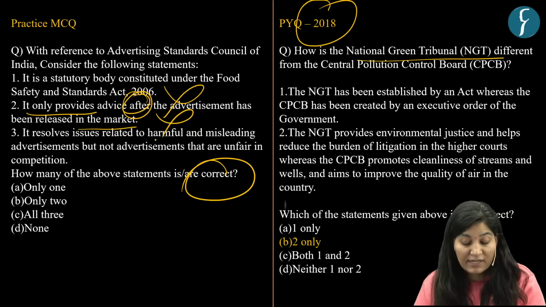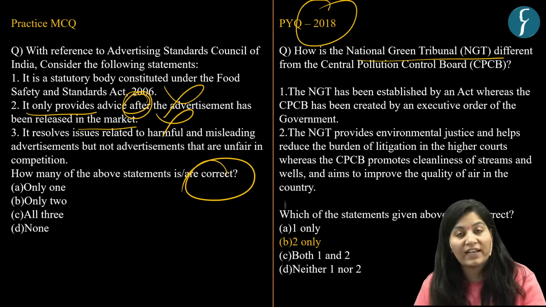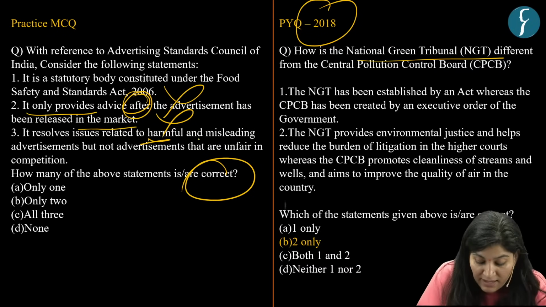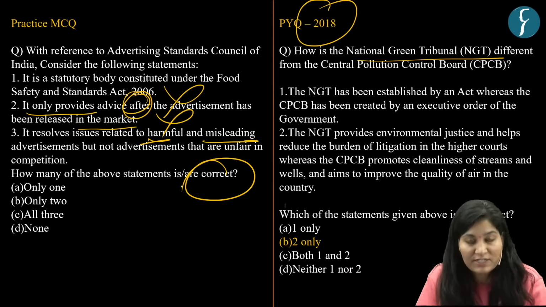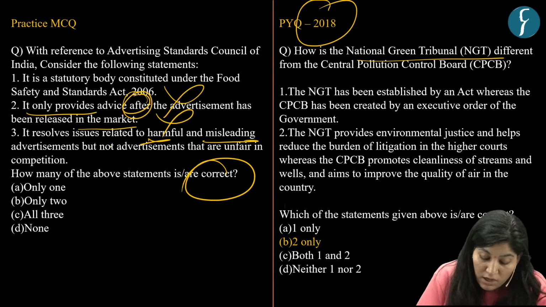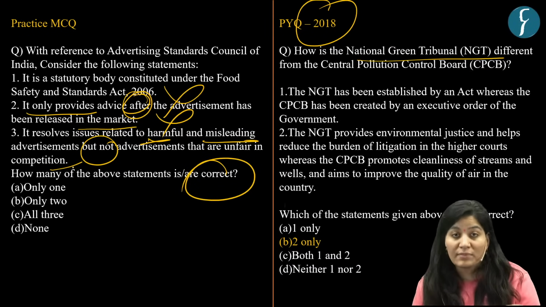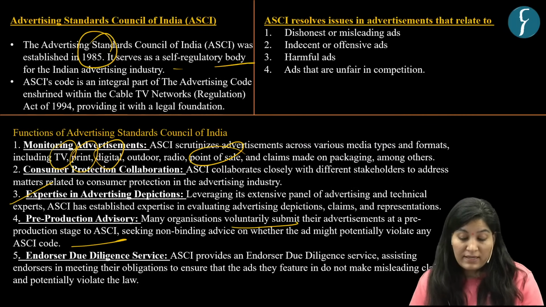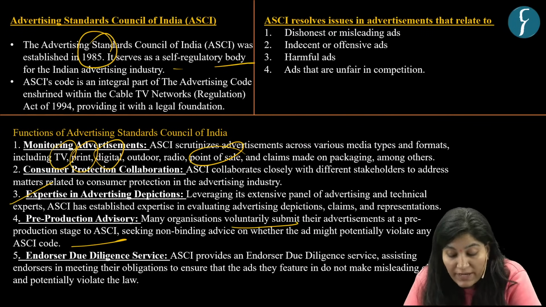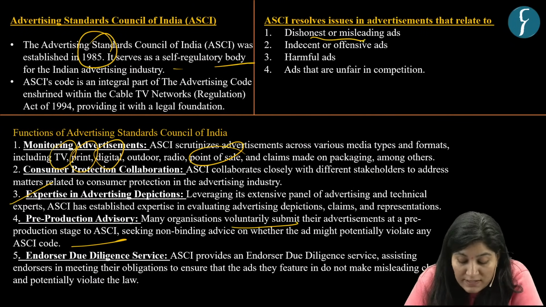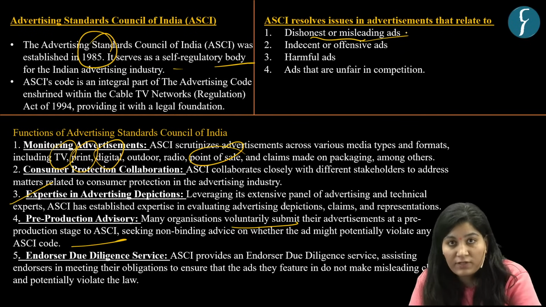And the third statement is it resolves issues related to harmful and misleading advertisements, true, and obviously, but not advertisements that are unfair in the competition. Now let's see whether this statement is correct or incorrect. See, ASCI resolves issues in advertisements that relate to dishonest or misleading ads, first.